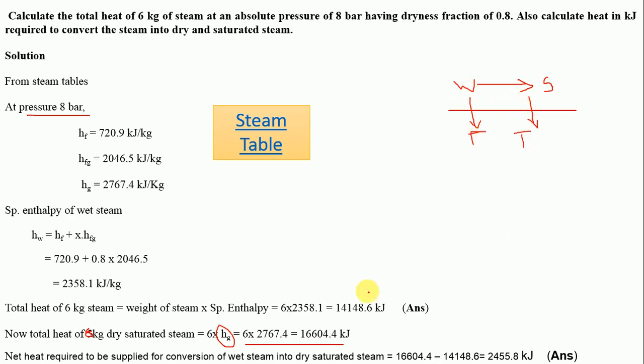This is the heat we need to supply, which equals 455.8 kilojoules to convert this wet steam into dry saturated steam. Thank you very much for this session. We will discuss more numericals based on these properties of steam. Thank you.